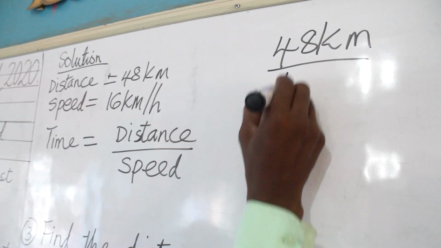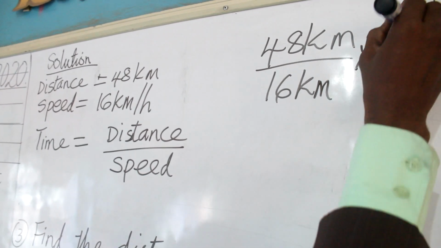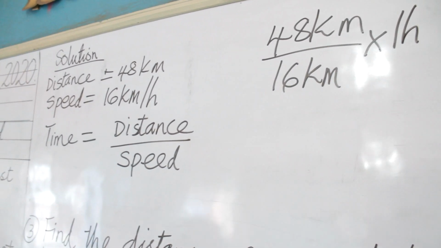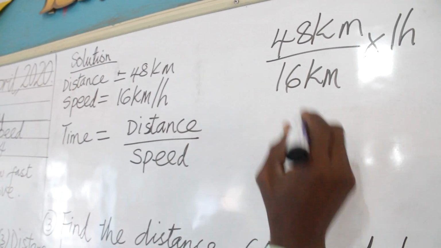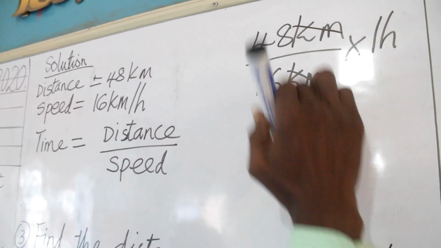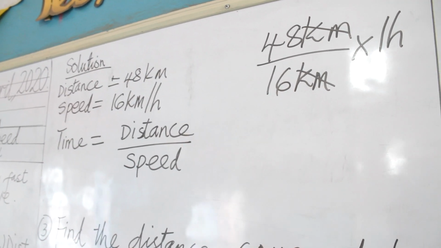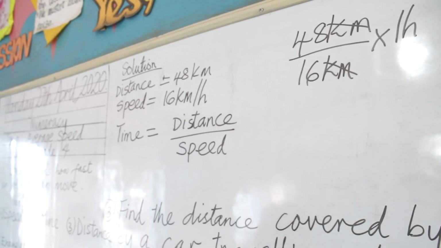Our speed is 16 kilometers per 1 hour. So in this case, there is kilometer up, there is kilometer down. So this kilometer down will cut the kilometer up. It's gone.